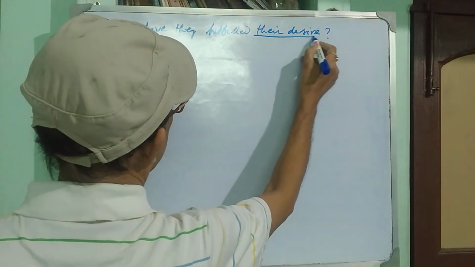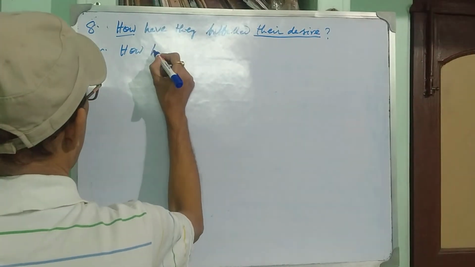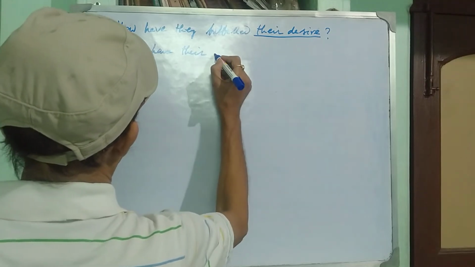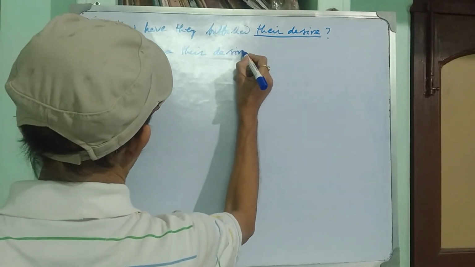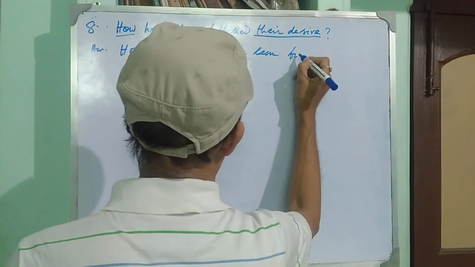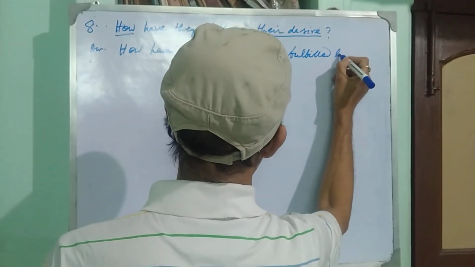Here their desire is the object. Answer: How have their desire been fulfilled by them?